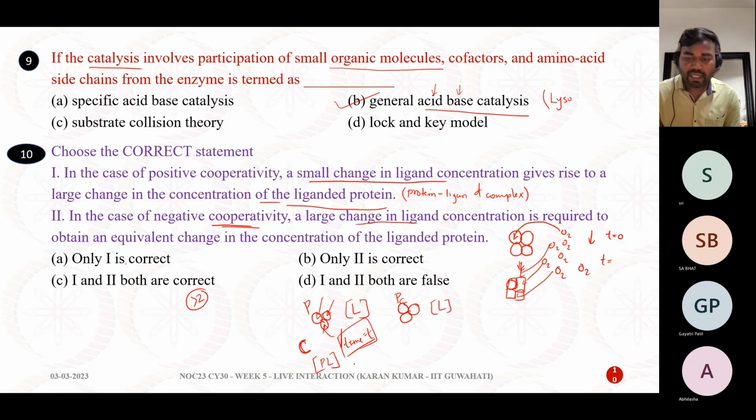To achieve this protein ligand concentration, because this is negative cooperativity, you have to have a large change in the ligand concentration, then only you will achieve this PL concentration. That is what the statement also tells you, that a large change in concentration is required to obtain an equivalent change, which is in the normal case, in the concentration of liganded protein. So in that scenario, both of the statements are correct.